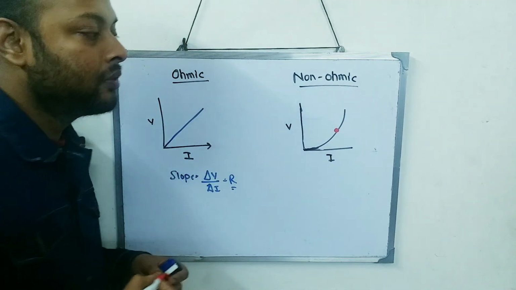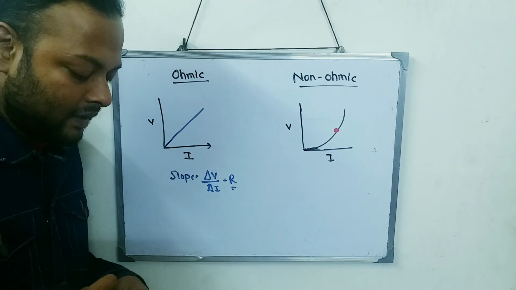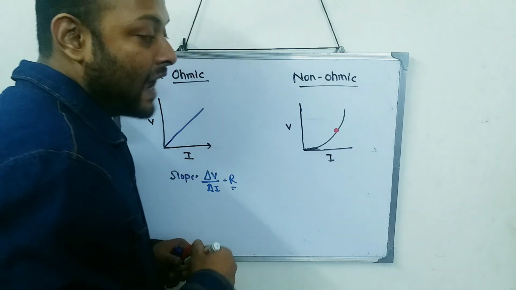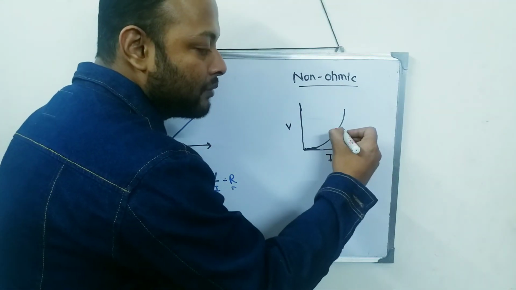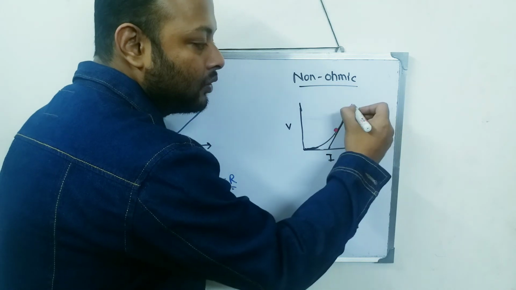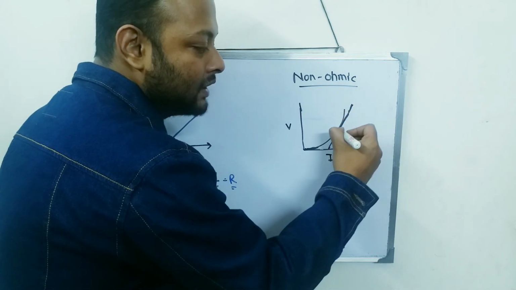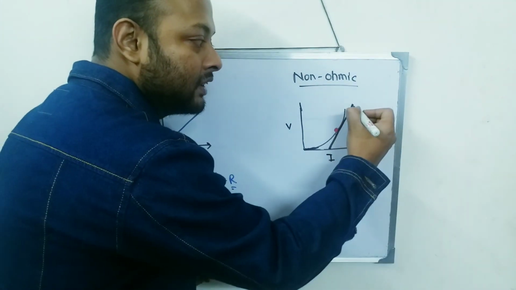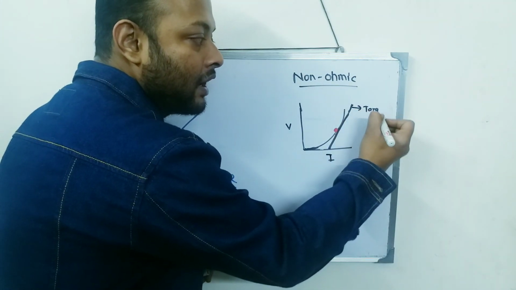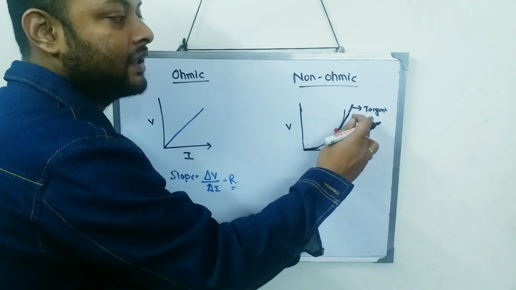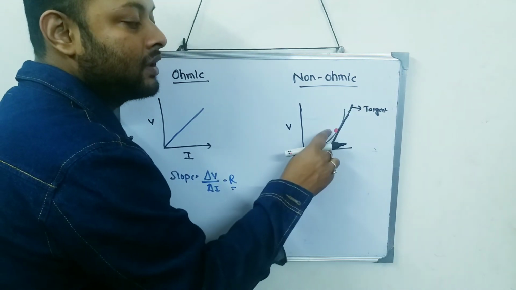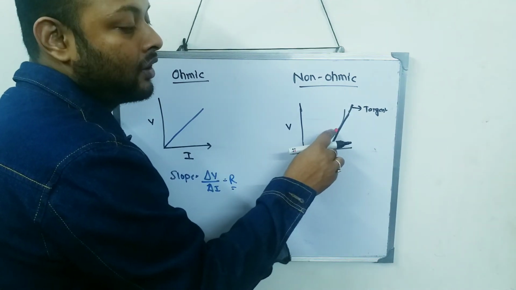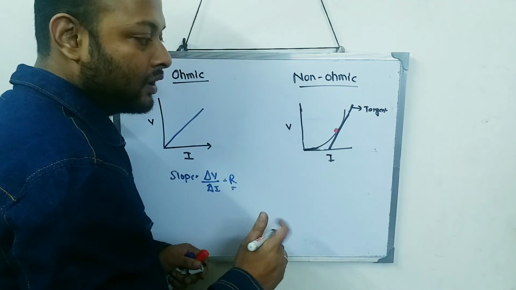Then I have to draw a tangent at this point, and the slope of this tangent will give me the value of resistance.